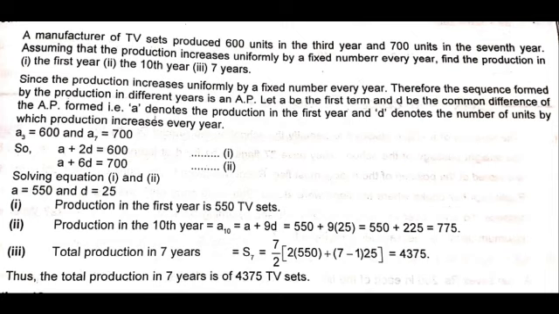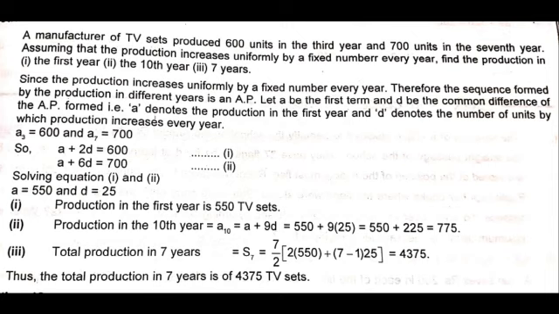Now let us consider one more question. Here in this question we have a sum of rupees 700 to be used to give 7 cash prizes to the students of a school for their overall academic performance. If each prize is rupees 20 less than its preceding prize, find the value of each prize.